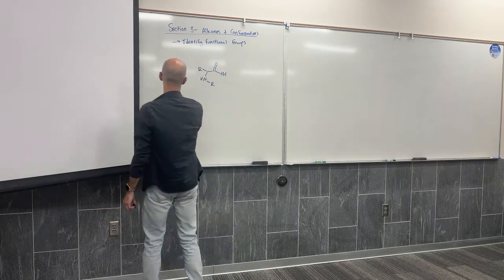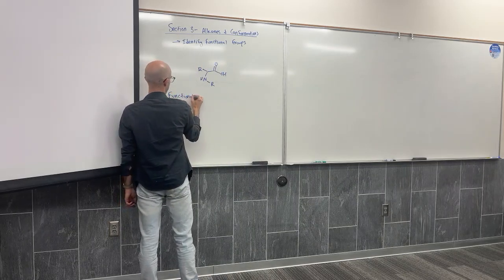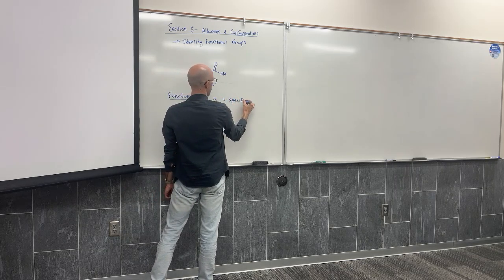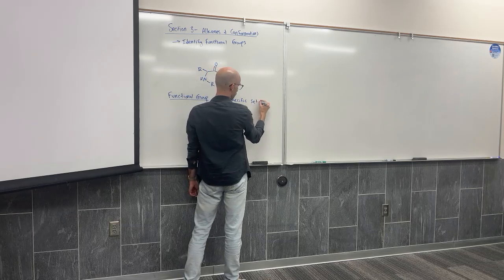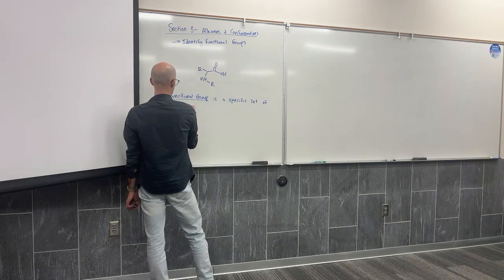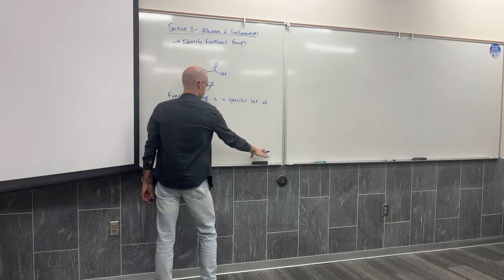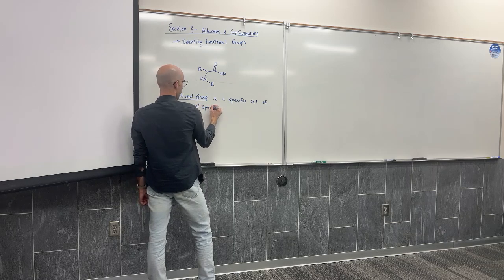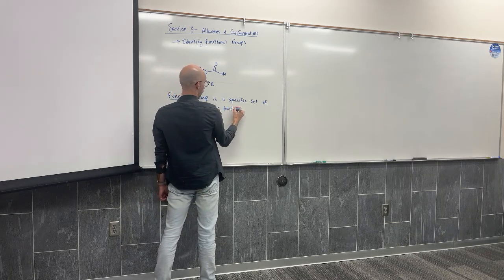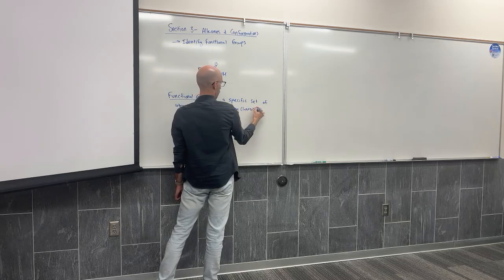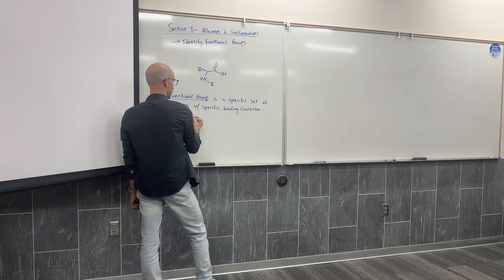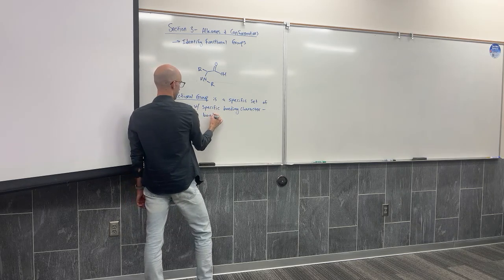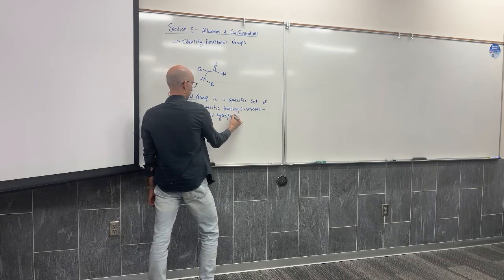So a functional group is a specific set of atoms with specific bonding character, or in other words, these are just specific bond types or groups.